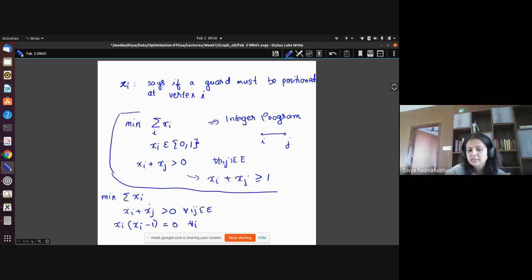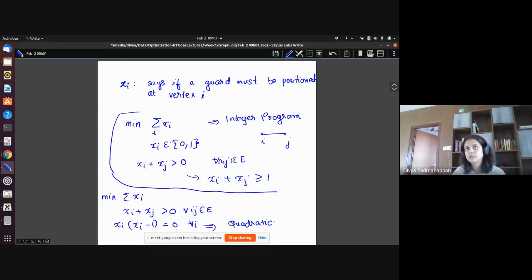You can see that these two are capturing the same information. The feasible points here are either xi is 0 or xi is 1. It's just that the form is slightly different. If you write it this way, you have a quadratic constraint, but here everything is linear.